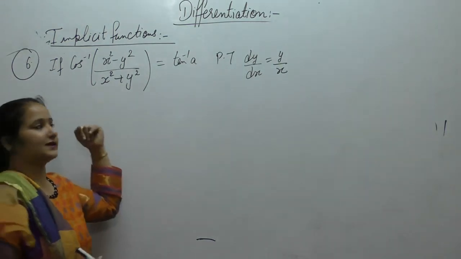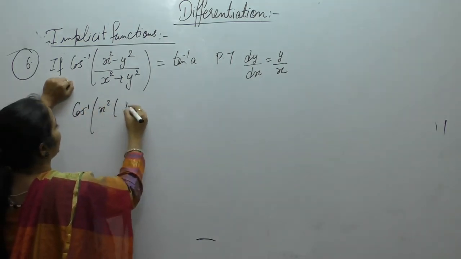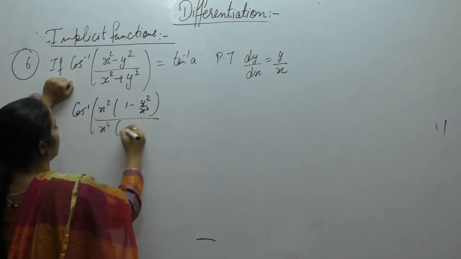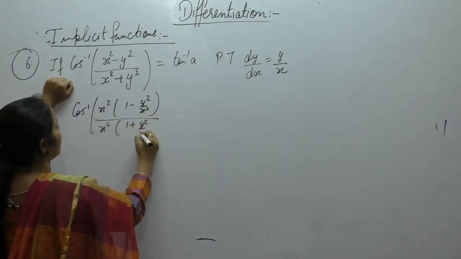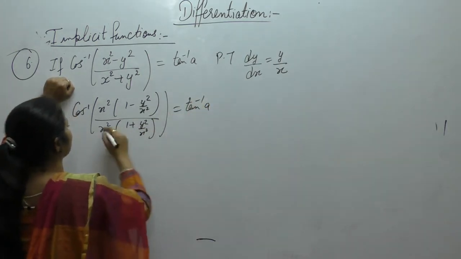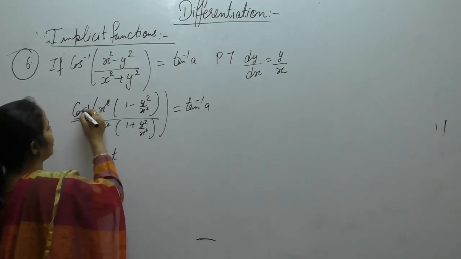Now this term is given. First take x square common. We are left with 1 minus y square upon x square, upon 1 plus y square upon x square, is equals to tan inverse A. Now here we have cos inverse.